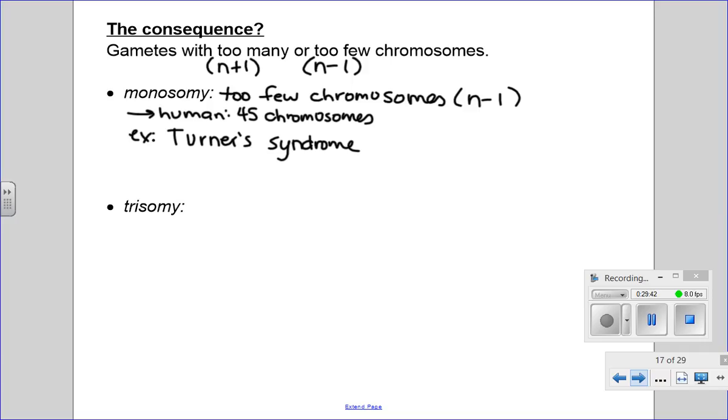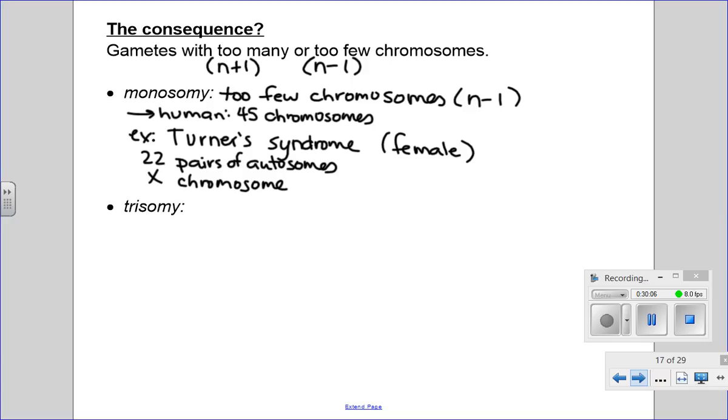Turner's syndrome is someone who has 22 pairs of autosomes and one X chromosome. So not two X's, not an X and a Y, just an X. This person would be genetically female, but they have a monosomy.